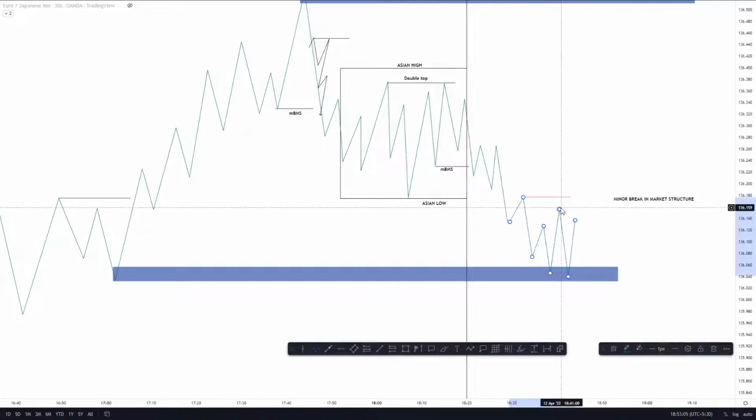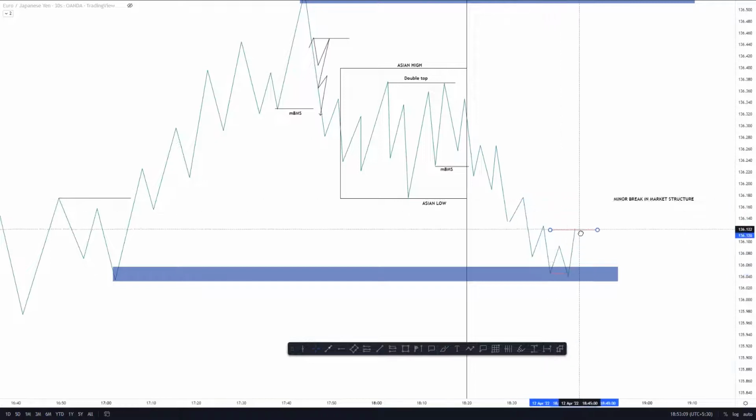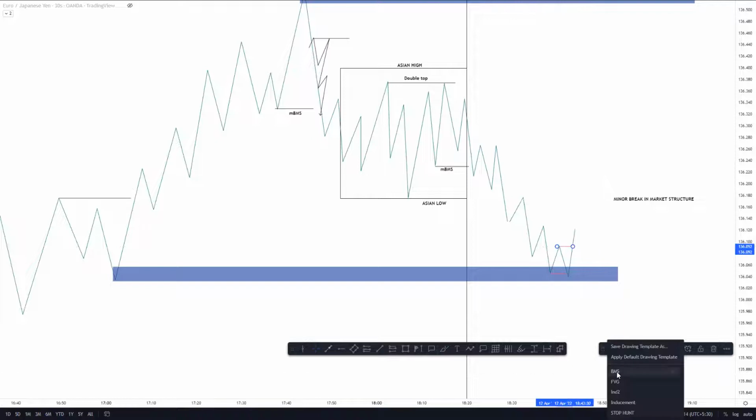Let's see this happen. It can give us, on lower time frame, a break in market structure as well.